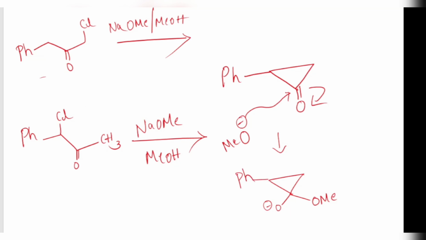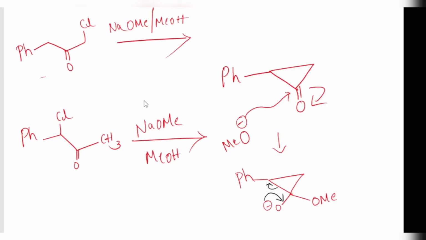Now when this bond comes back, it forms a carbon and oxygen double bond, which is very stable. Now this bond will break because it generates a benzyl carbanion which is very stable.